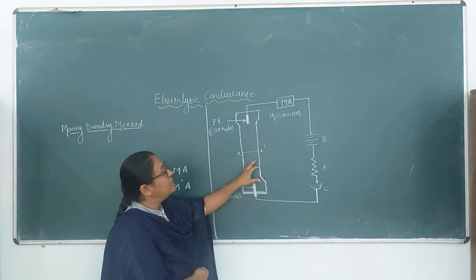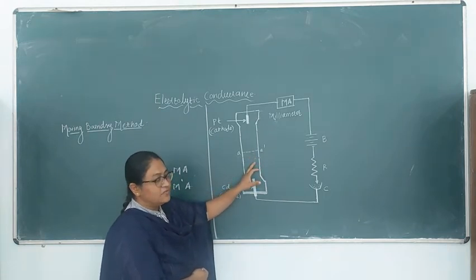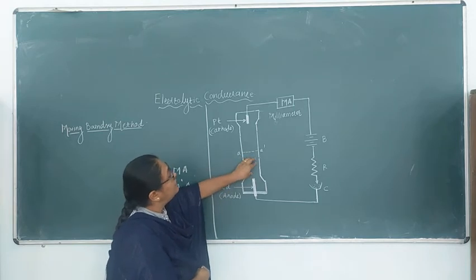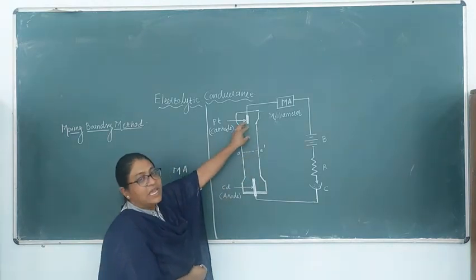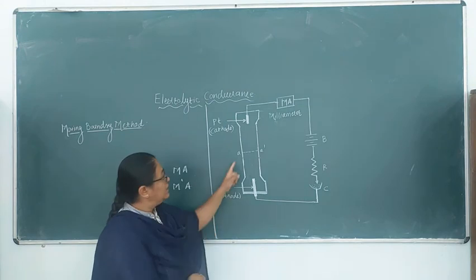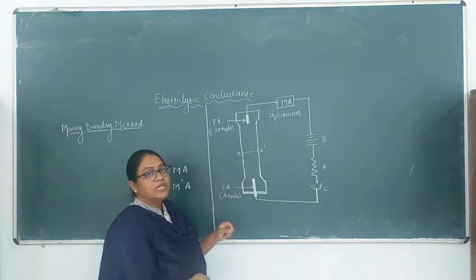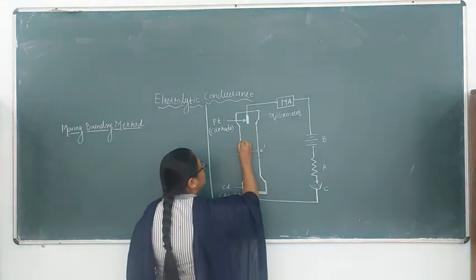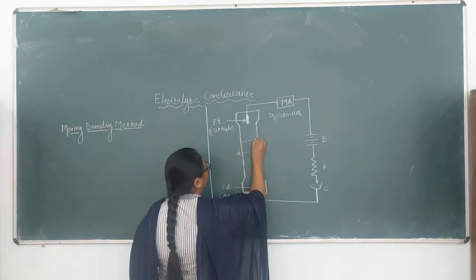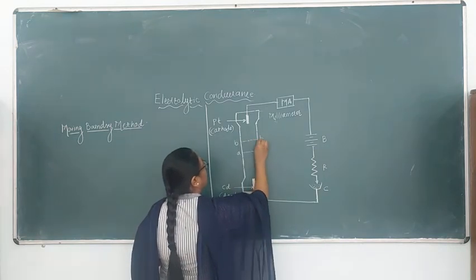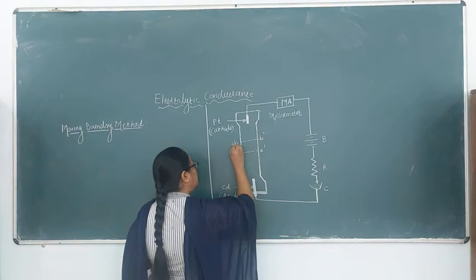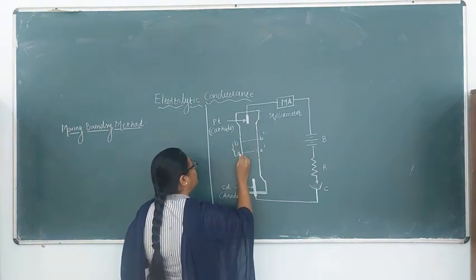Therefore, the positive cations present near the anode will migrate towards the cathode, and the boundary between the two solutions is lifted up, and this becomes the new boundary. That means this much volume is swept by the boundary.